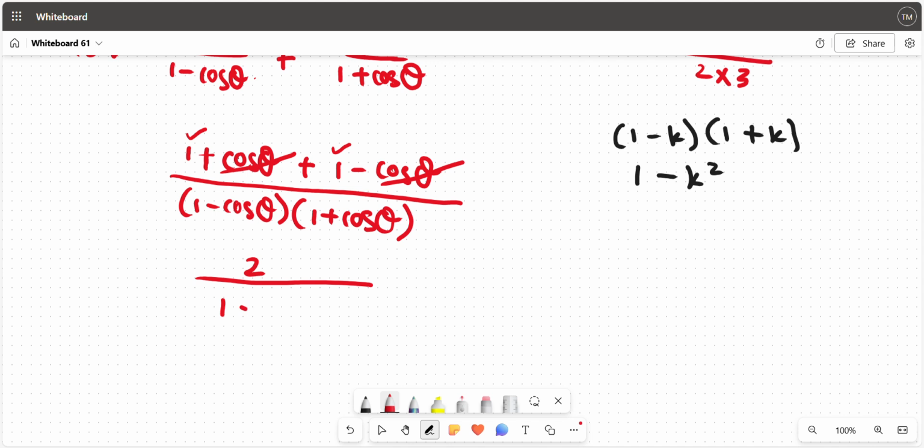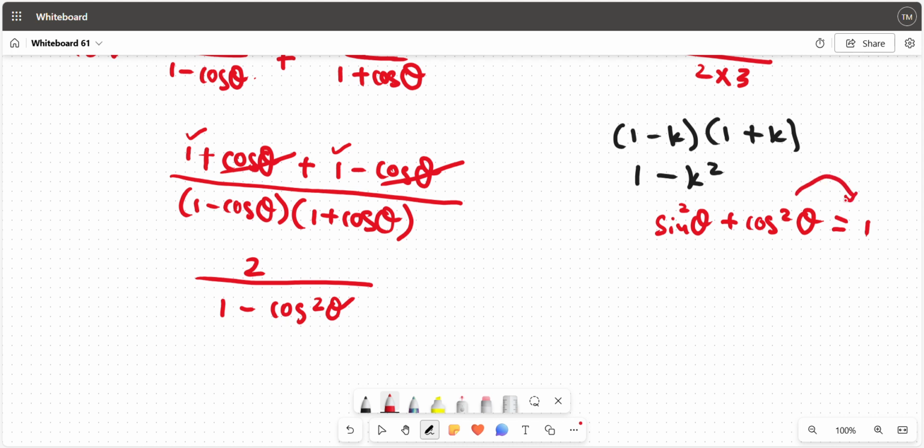I'll get a 1 minus a cos squared theta. Then what do I know? 1 minus a cos squared theta, using my identities, I know that that is actually equal to this. I'm using this identity here that says sine squared theta plus cos squared theta is equal to 1.